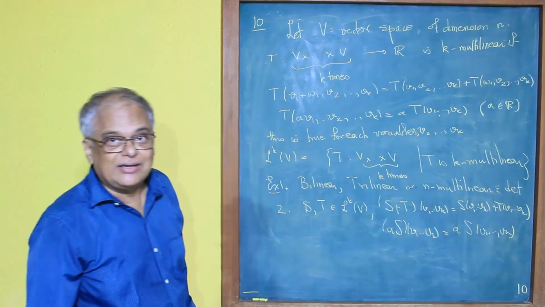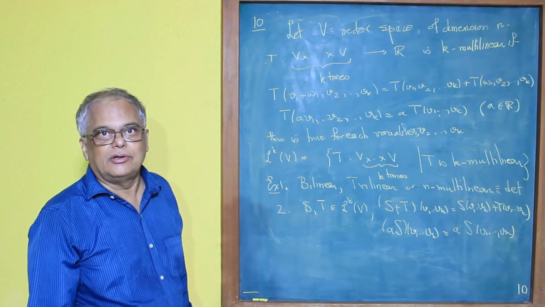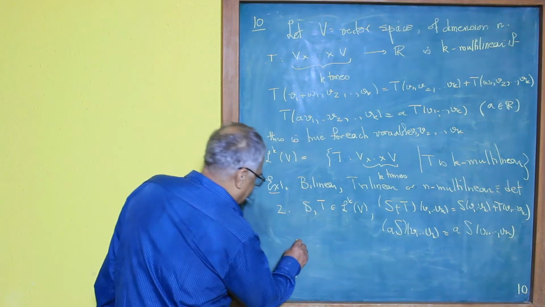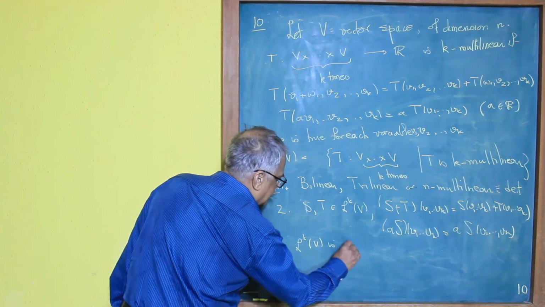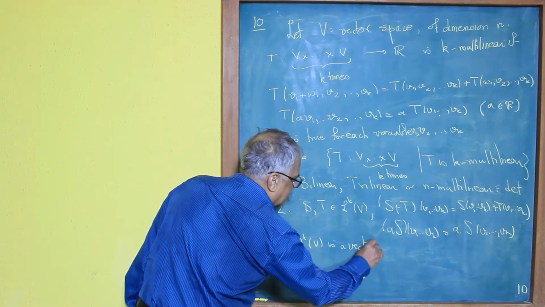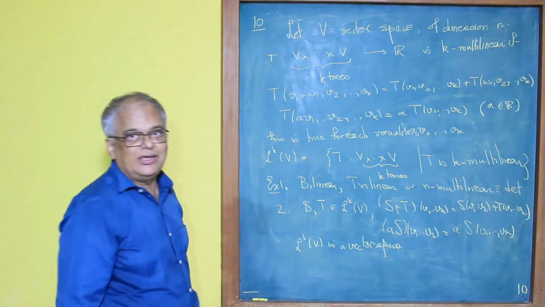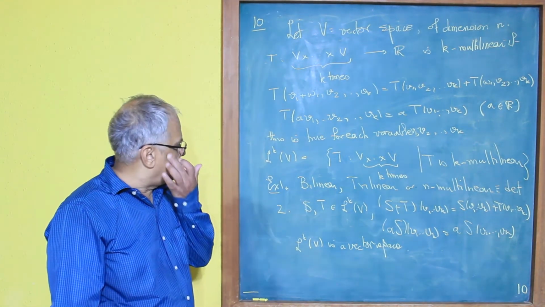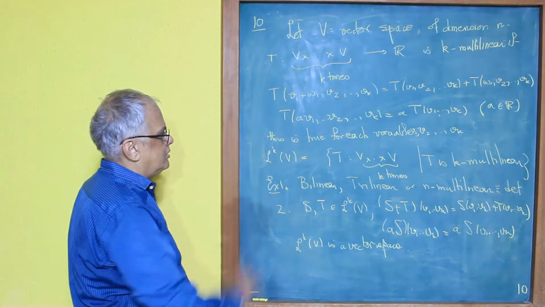There's a natural vector space structure on this set of k-multilinear maps, and therefore L^k(V) is a vector space.